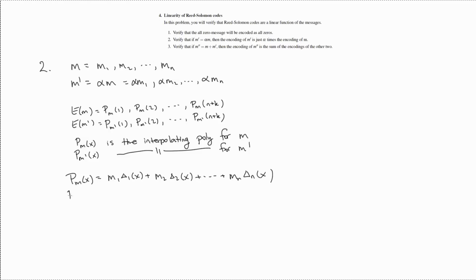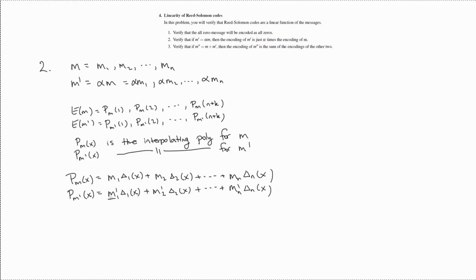And we know that p sub m prime of x is going to be m prime sub 1 times delta 1 of x plus m prime sub 2 times delta 2 of x, all the way up to m prime sub n times delta n of x.